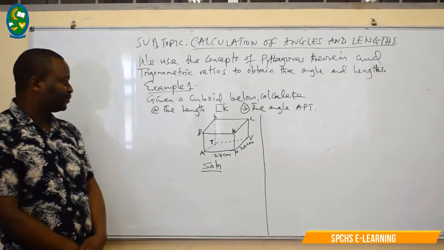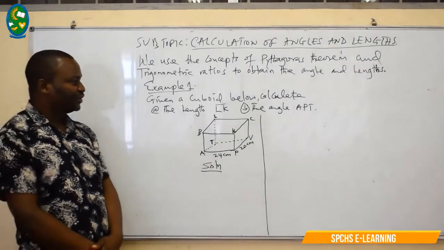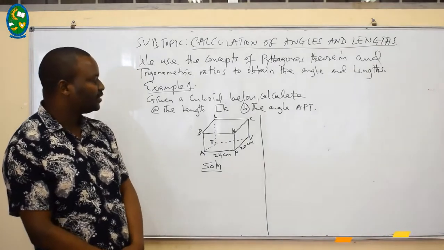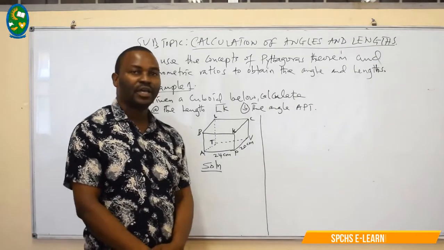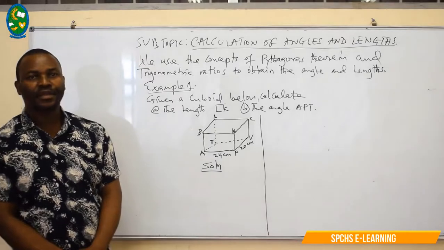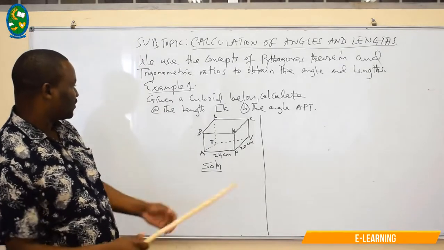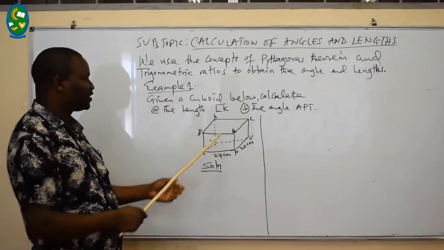Example number 1. Given a cuboid below, calculate A, the length LOK, and B, the angle APT. As you can see in the figure here, this is a cuboid.